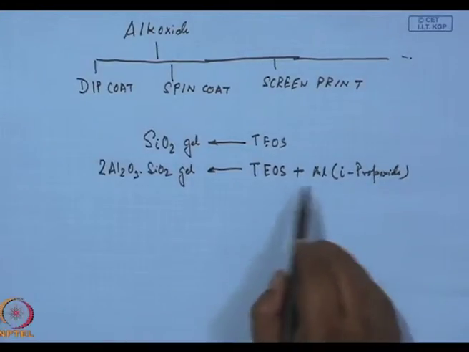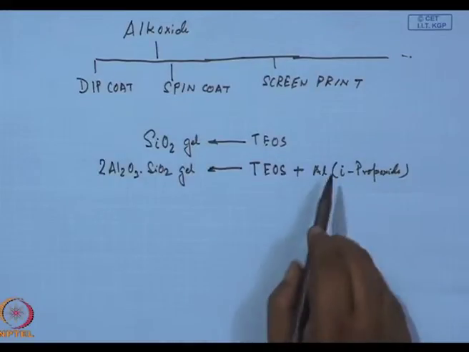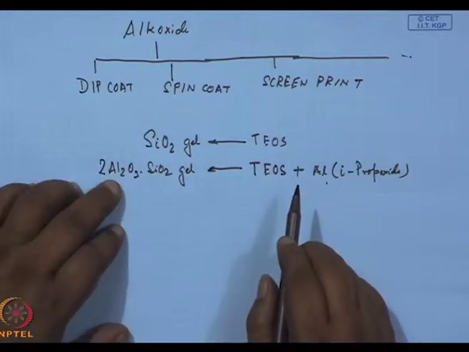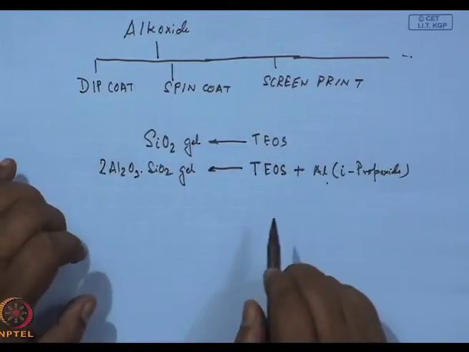That is, I have to take these two components in molar ratio 2:1 because I have written here 2Al2O3 SiO2, and then go through the refluxing processes which I had described during powder synthesis.